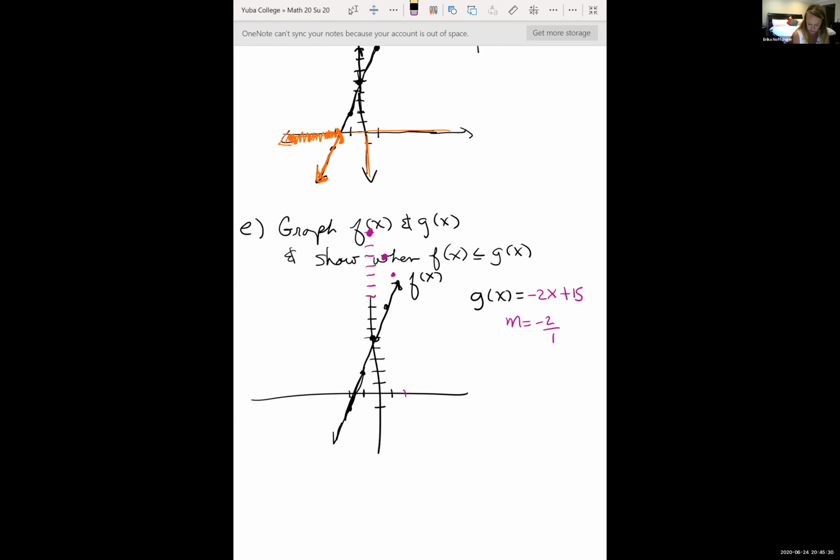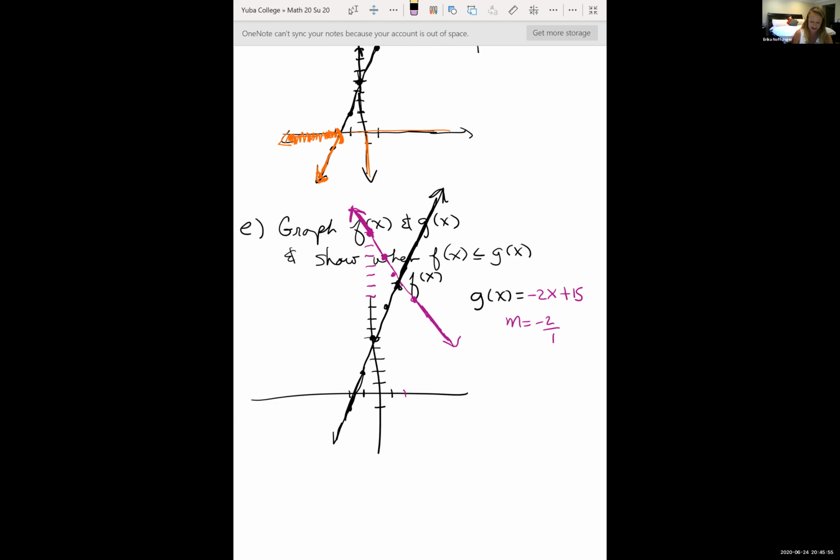Down 2 over 1. Makes more sense this extends. Sorry that I'm going through my writing.